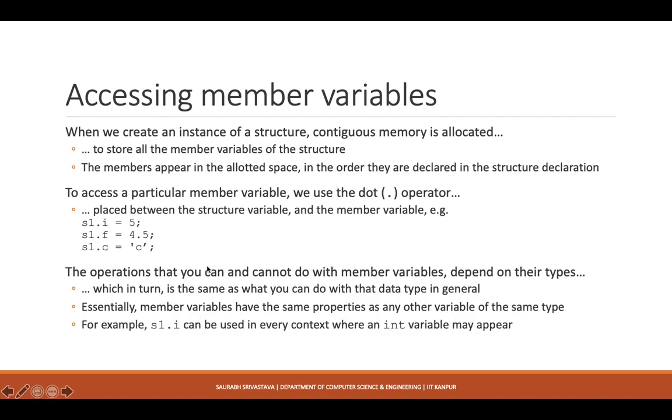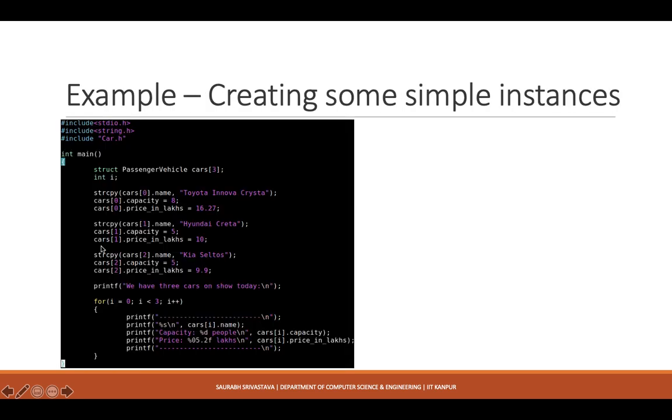So for example, s1.i can appear in any context where an integer can appear. Whatever can be done with an integer can be done with s1.i. Whatever can be done with a float can be done with s1.f, and so on and so forth.